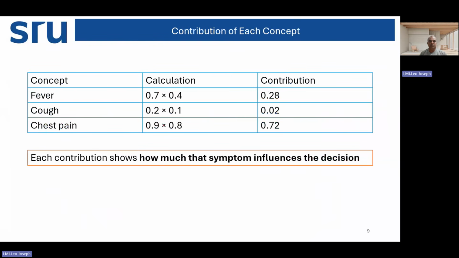So you can see here now the concept, that is 0.7 into 0.4 will give you, even though this parameter is very high and this parameter is also, so it gives 0.28, and this will be 0.02, and this will be 0.72. So based on this, we can tell that chest pain scores the very high contribution in spite of concept as well as its weightage.